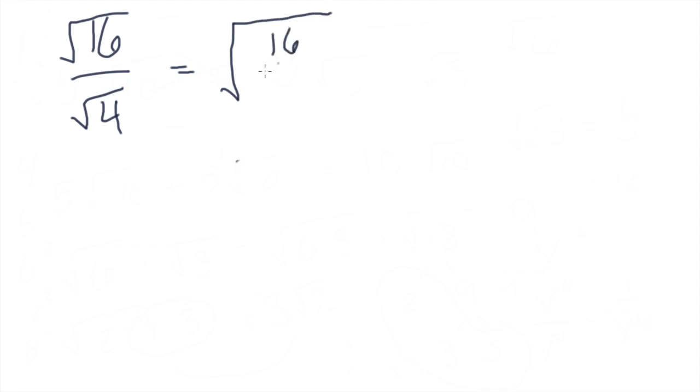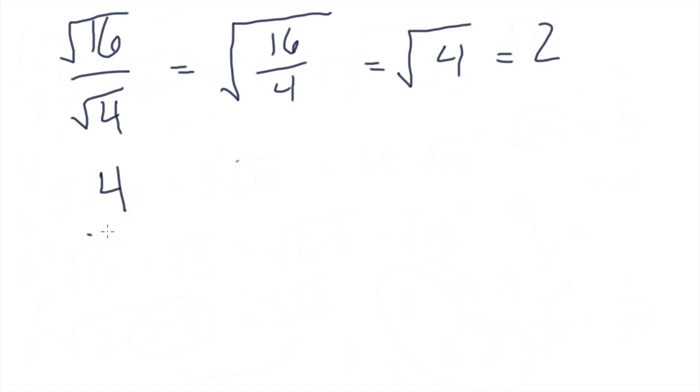So that would become 16 over 4, which is going to reduce to the square root of 16 divided by 4 is 4, which is 2. Another way I could have done this is 16 and 4 are both perfect squares. The square root of 16 is 4, and the square root of 4 is 2. So 4 divided by 2 is also 2. So this proves that this method works.